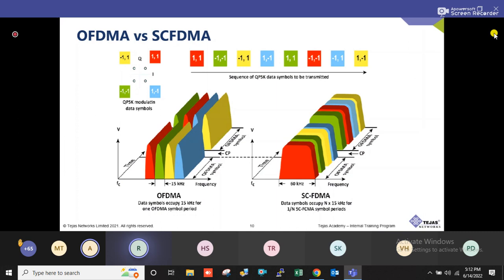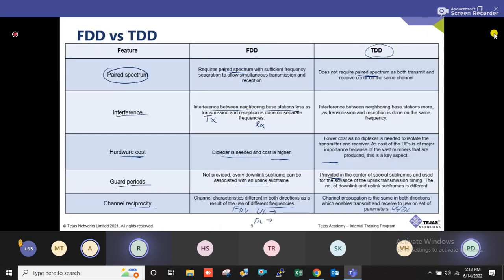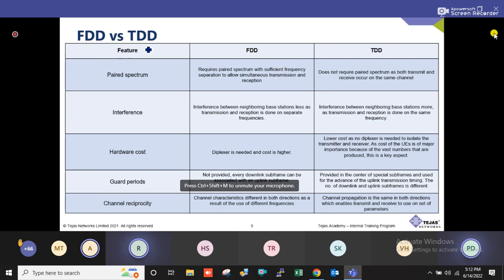Yes. Can you go back? In FDD, the uplink and downlink frequency is different, right? Correct. So there is no guard band required. See, within FDD, let's say this is the downlink frequency and this is the uplink frequency.